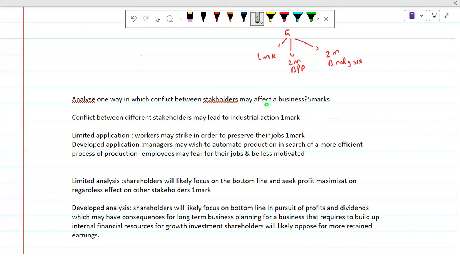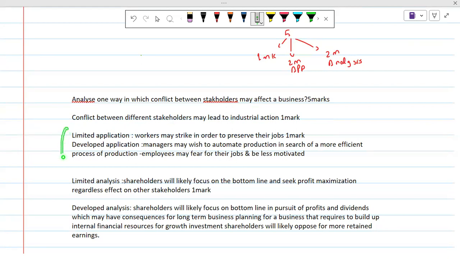Maybe it could be business objectives. So we can say that conflict between different stakeholders may lead to industrial action. If I say industrial action, this is my 1 mark knowledge line. Basically, I will get 1 mark for it.